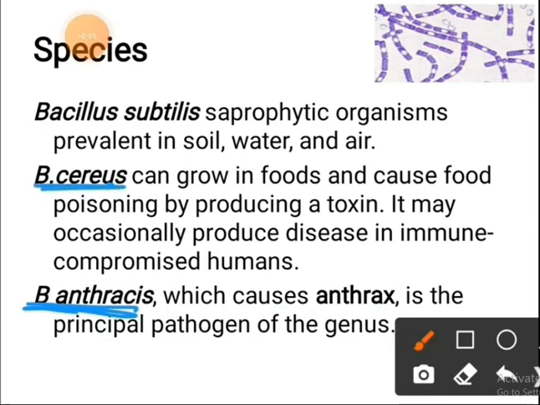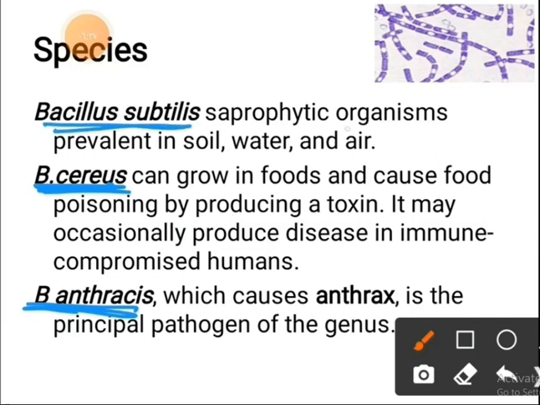While Bacillus cereus is less pathogenic, and it may cause food poisoning. It may produce severe infection in immunocompromised humans. Any immunocompromised human is prone to infection even with normal flora. So it causes food poisoning, and in the immunocompromised it may cause severe infections.